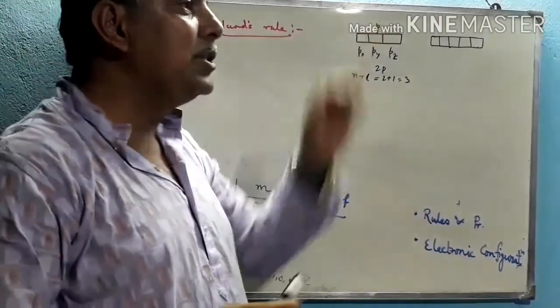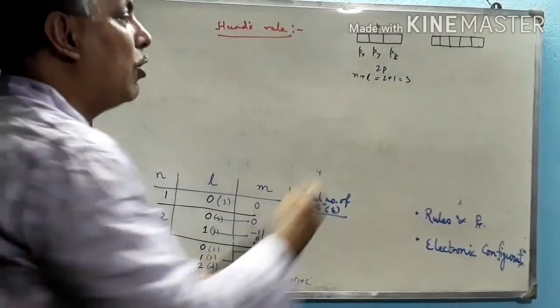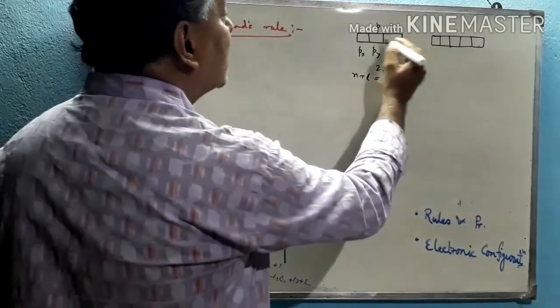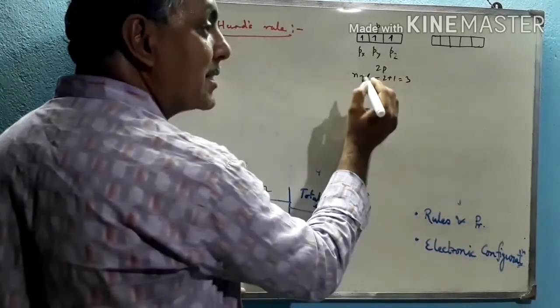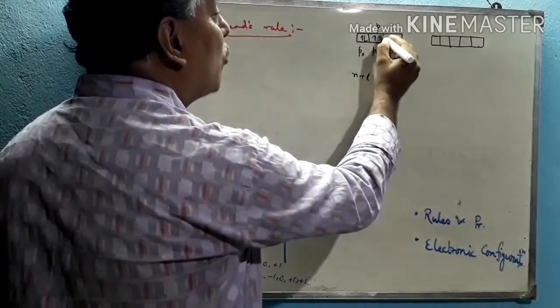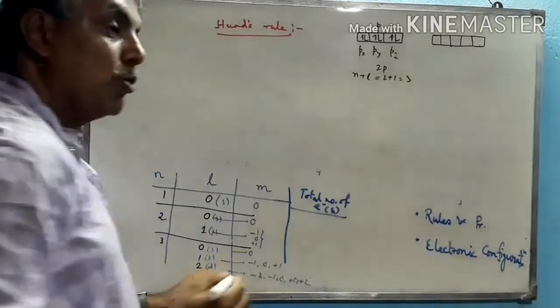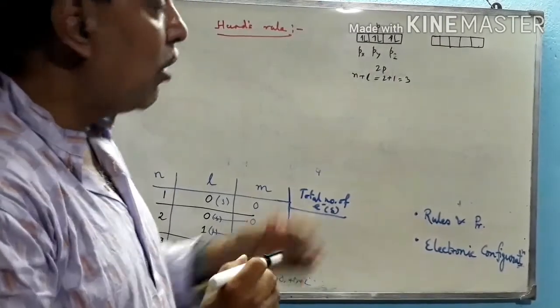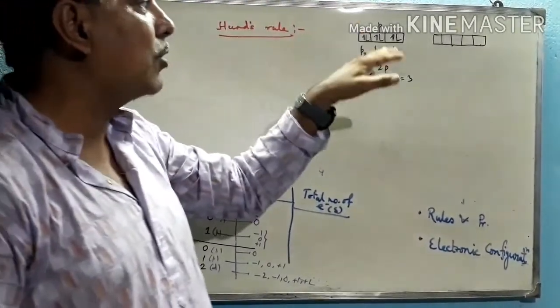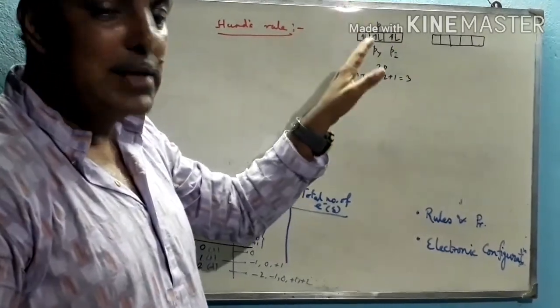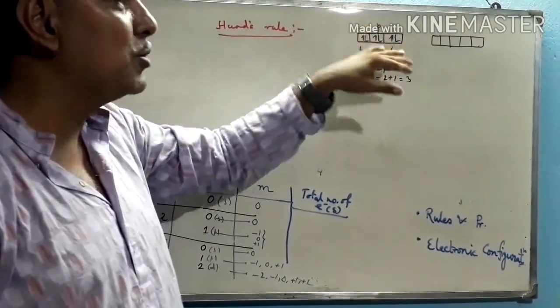Therefore, when such degenerate orbitals are filled by electrons, the orbitals are first singly occupied by the electrons and then paired up with opposite spin. According to Hund's rule, the orbitals are filled singly by the electrons first and then pair up with opposite spin.